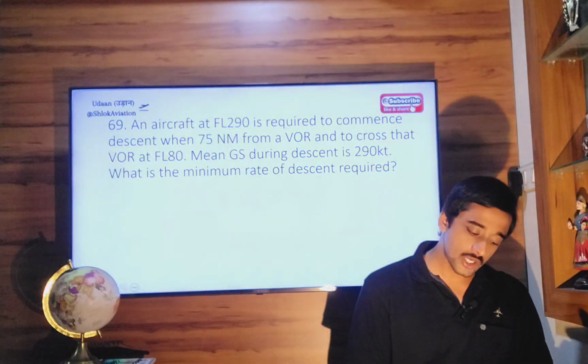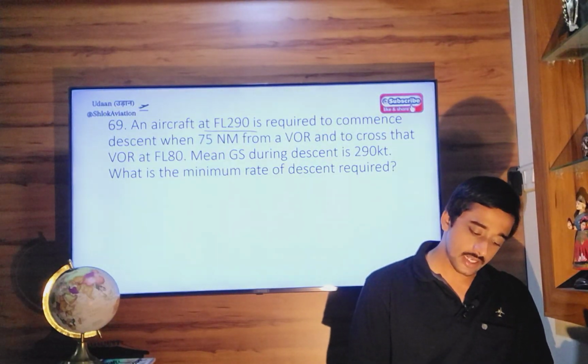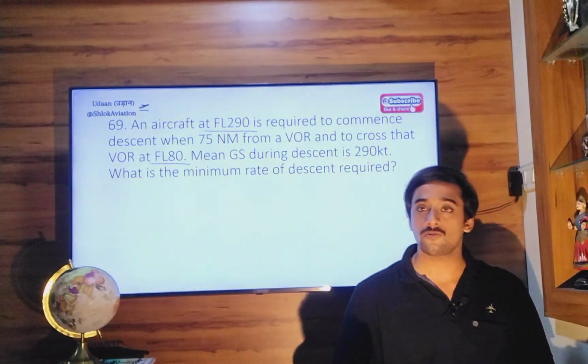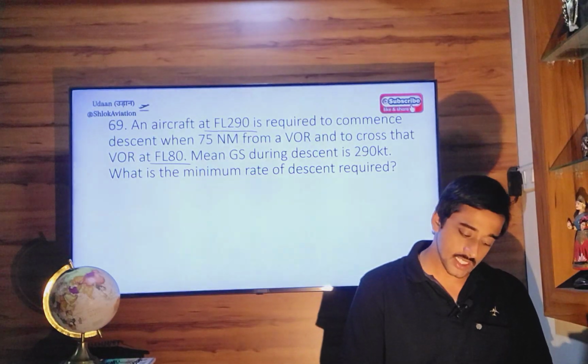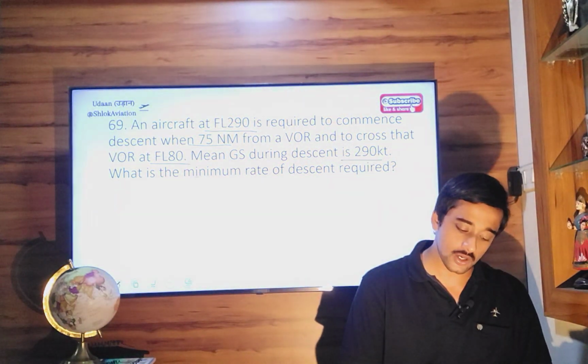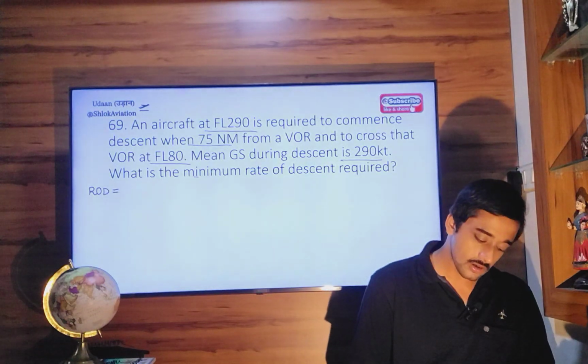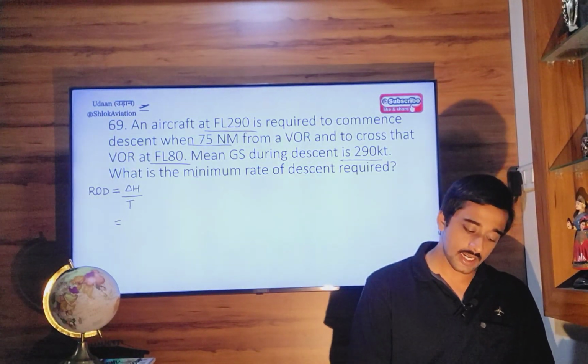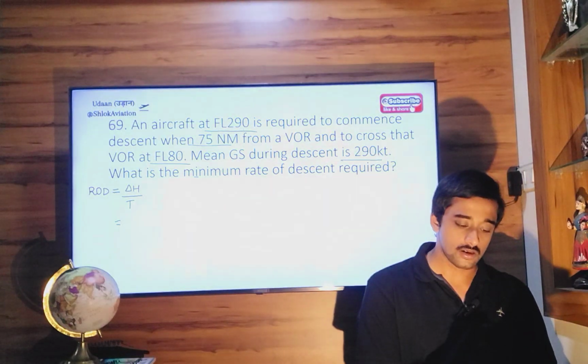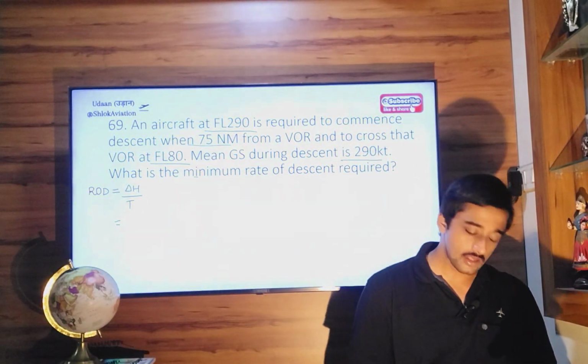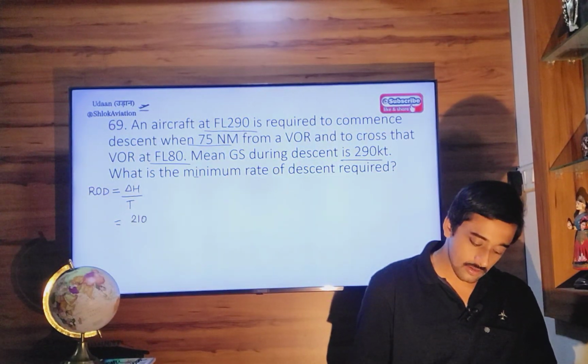Aircraft is at flight level 290 and it has to descend to a new level of 80. Distance is given, speed is given, what is the rate of descent? Again, rate of descent equals change in height divided by time. So change in height is 29,000 minus 8,000, that is 21,000.